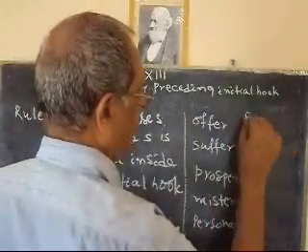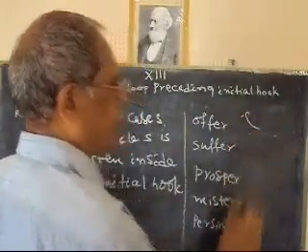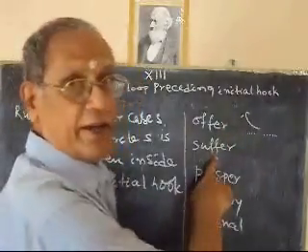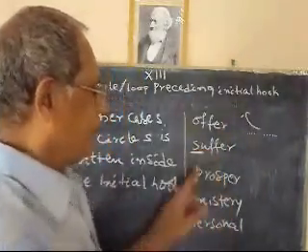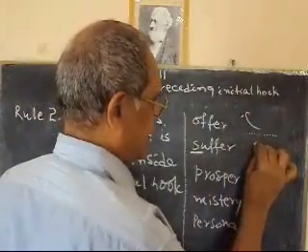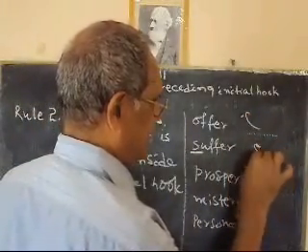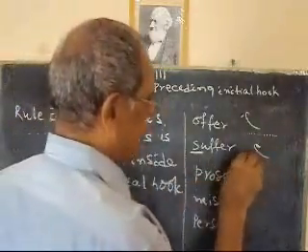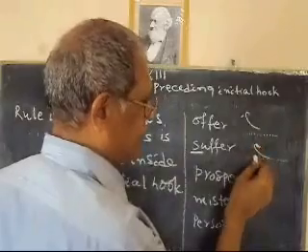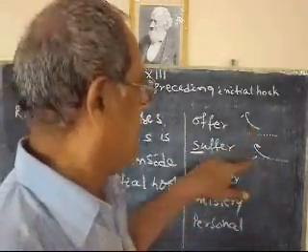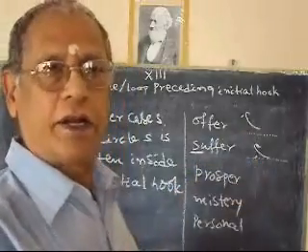Offer. This is clear. We write offer. Now suffer. This has come. So this plus, you see, suffer. Circle is written. This plus R. The initial circle should be at first. This R. Then double consonant.